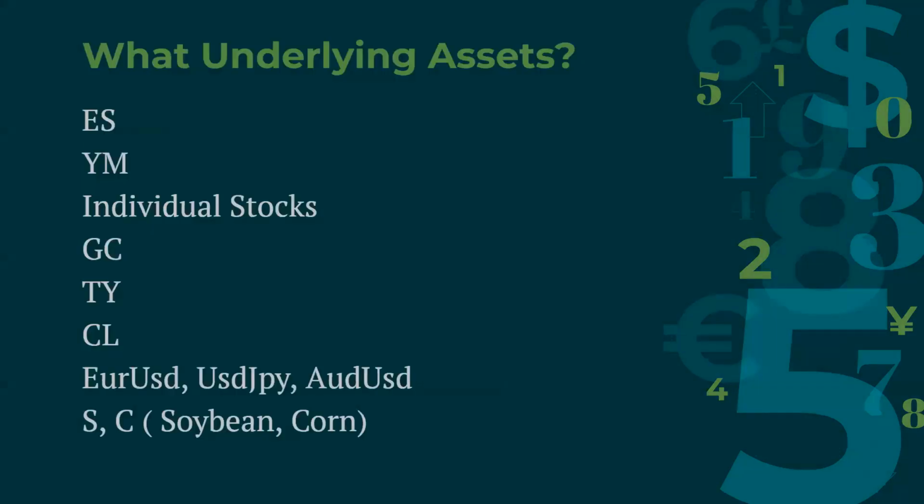So let's talk about what underlying assets we could use. For me, I've used mainly S&P futures, and also the Dow, because the Dow has the $5 per point, which makes sense, so you can have multiple contracts. NASDAQ sometimes becomes difficult.